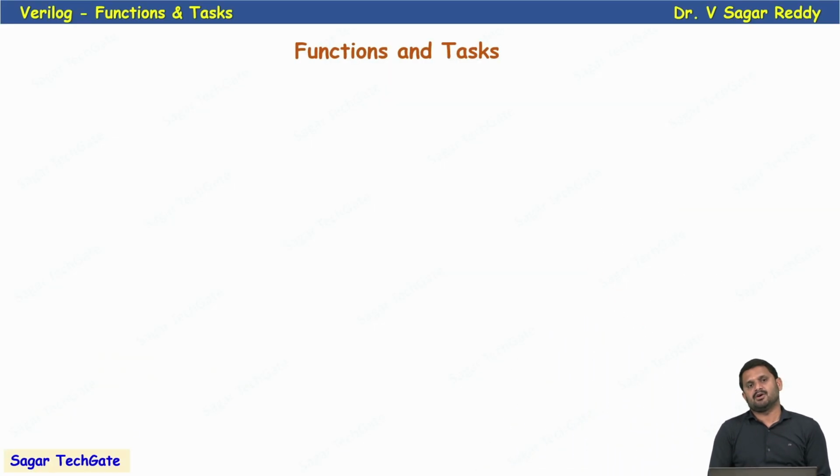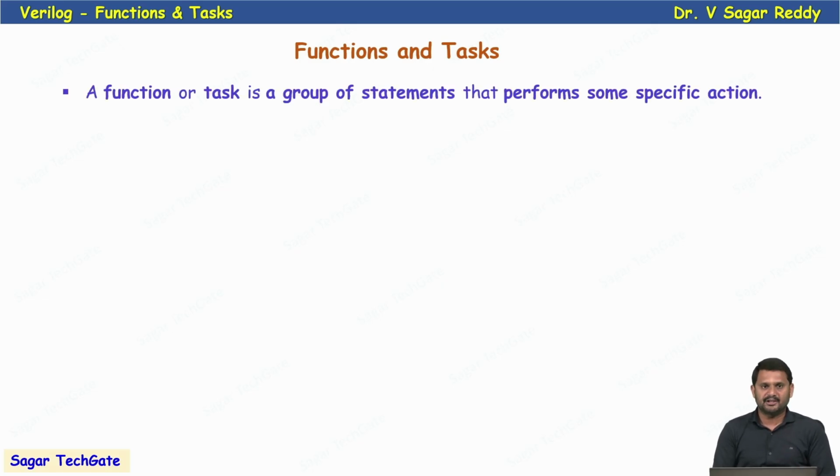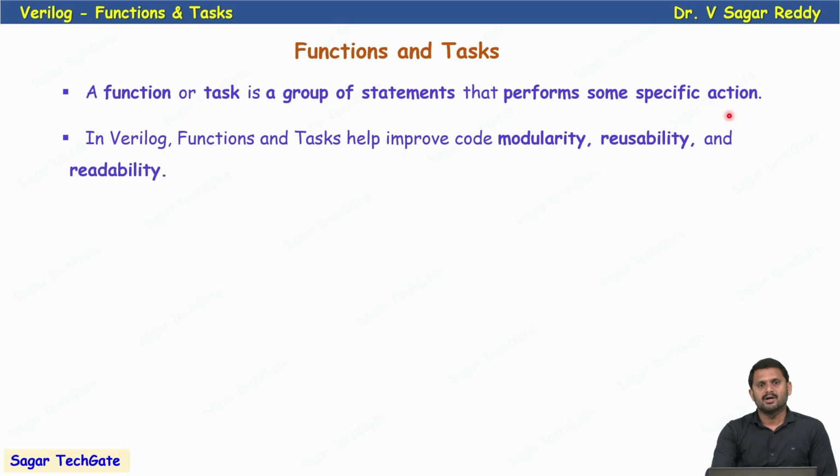Functions and tasks are a group of statements used to perform specific actions. In Verilog, functions and tasks help improve code modularity, reusability and readability.